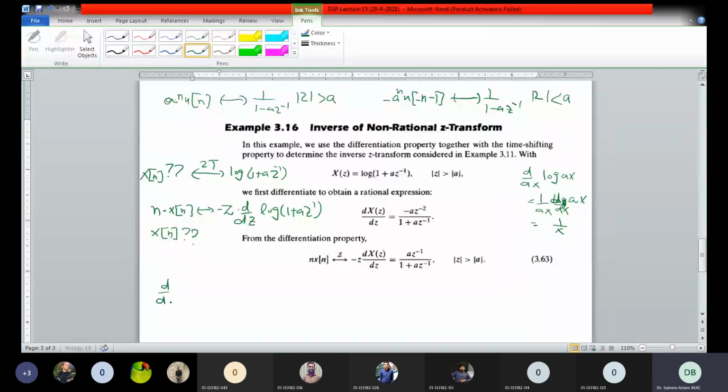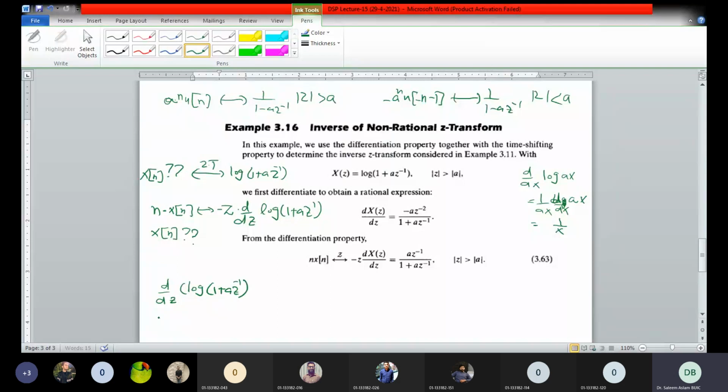d by dz of 1 plus a z inverse. Let me go back slightly. It's not this. d by dz of log of 1 plus a z inverse.